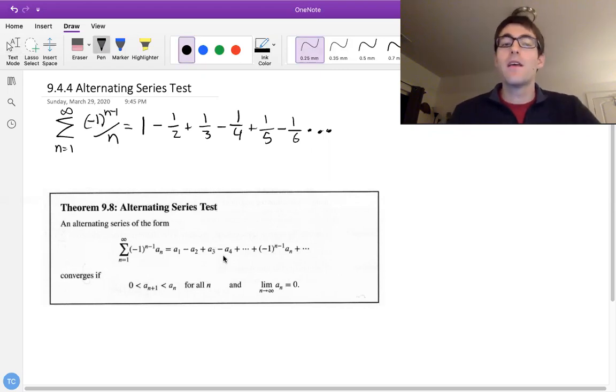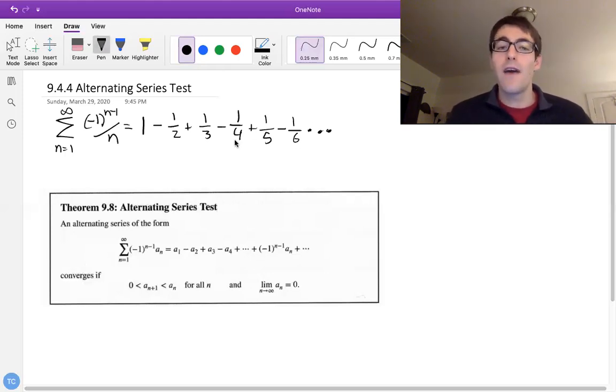Okay, so the alternating series test says that if you have any alternating series that is decreasing, a fancy way of saying decreasing, and that it limits towards 0, which is a prerequisite for convergence of the series anyway, then this automatically converges.